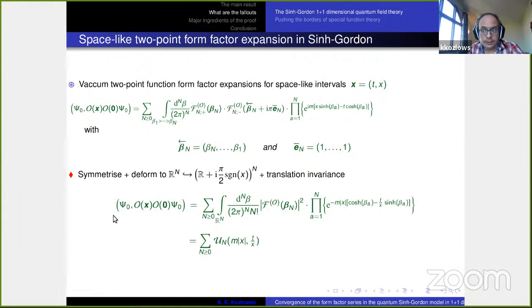So then, because there is a clear-cut result now on how these U_n grow with n, at least for the space-like regime, you know that the 2-point function representation is absolutely convergent.